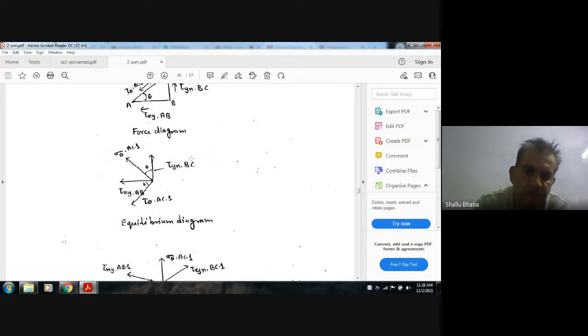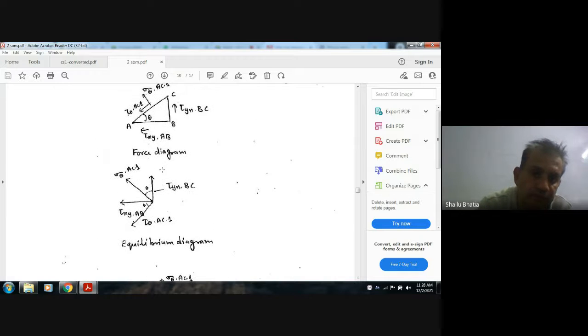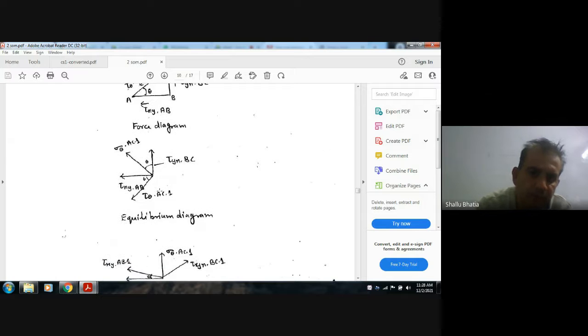If we take all these forces and take them as a closed figure, then it will be the equilibrium diagram. Now tau yx BC is in upward direction and tau xy AB is in leftward direction, and this is sigma theta AC1 and this is tau theta AC1.